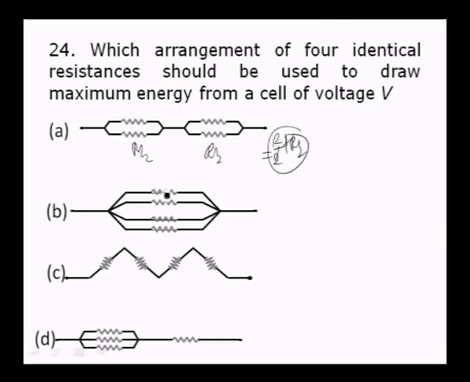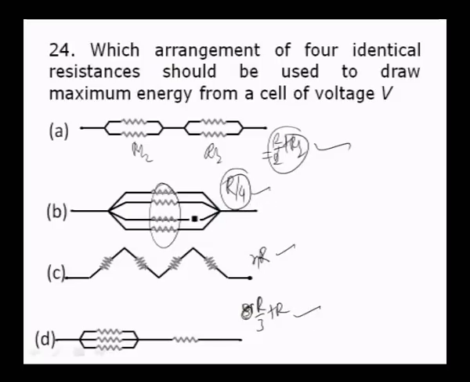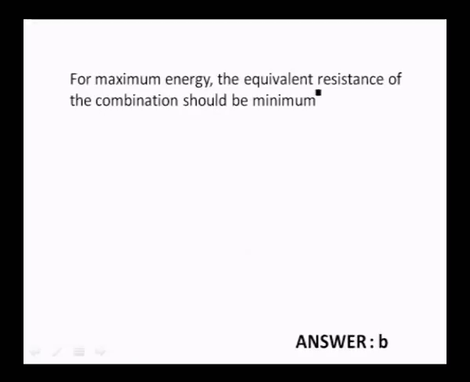This is equal to R by 4, this is equal to 4R, this is equal to R by 3 plus R. Among these 1, 2, 3, 4, this is the lowest value of resistance. When all the resistors are connected in parallel, the effective resistance is low. Because the condition is maximum energy, the equivalent resistance of the combination should be minimum. Therefore, the correct option is B, all the resistors connected in parallel.